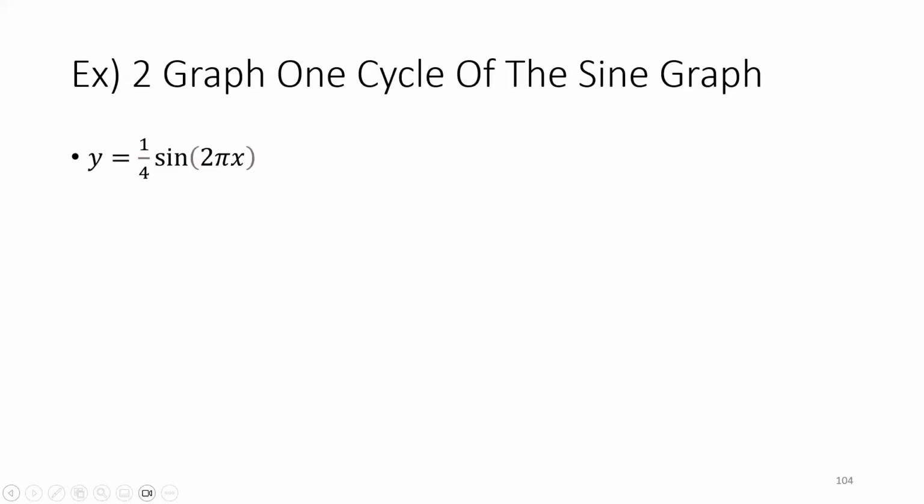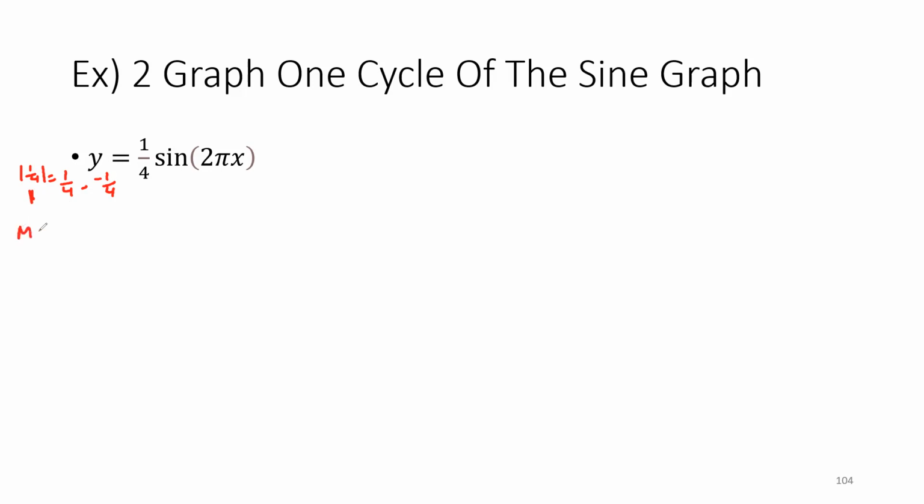Graph one cycle of the sine graph, so we have y equals 1/4 sin of 2 pi x. So let's find our max, min, and midway. The amplitude is the absolute value of 1/4, which is 1/4 and -1/4. And there's no vertical shift, so that's good.